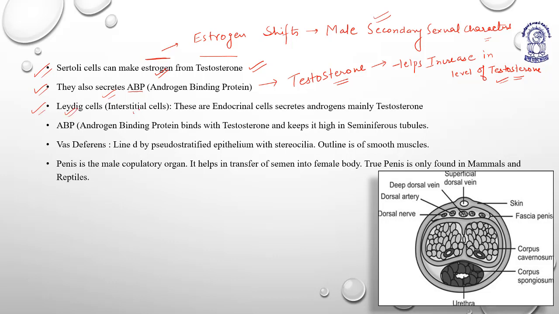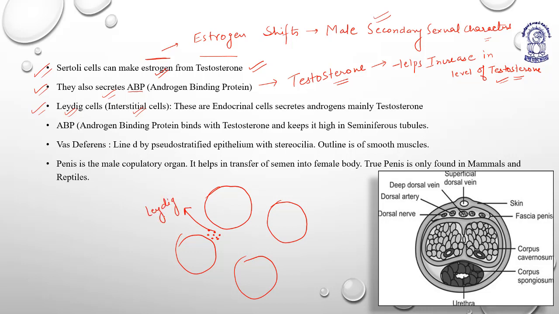Now next come Leydig cells. Leydig cells are interstitial cells, meaning they are present in between the follicular cells. We have follicular cells like this, and in between follicular cells we have the interstitial cells. These interstitial cells make a group like this, and they are known as Leydig cells.